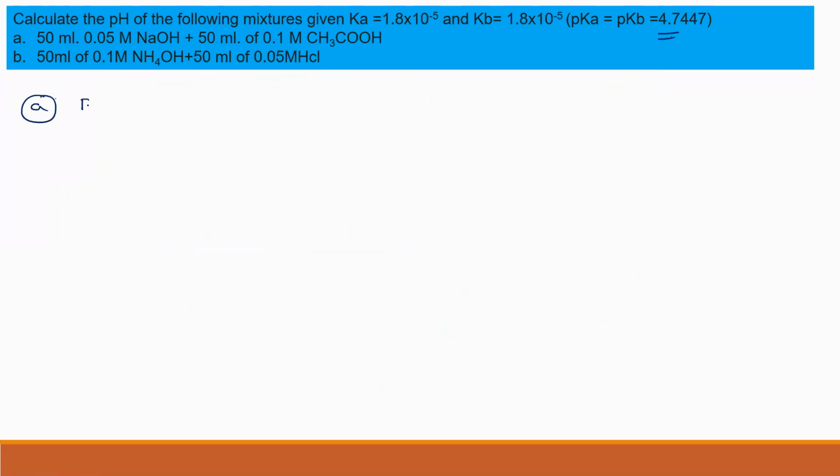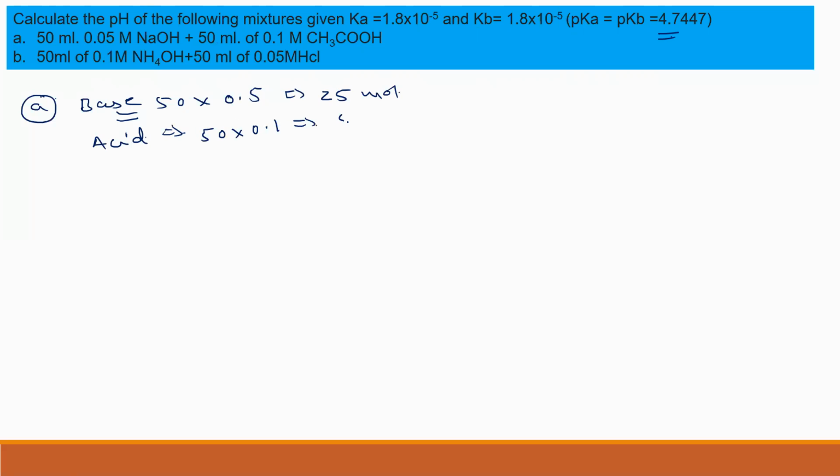So how many moles of base we have? So 50 into 0.5. So this is nothing but 25 millimoles. And how many moles of acid we have? So 50 into 0.1.